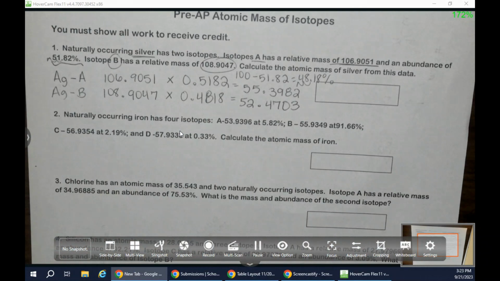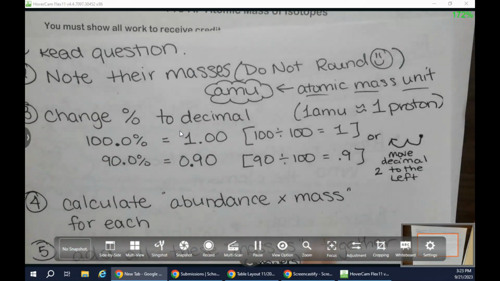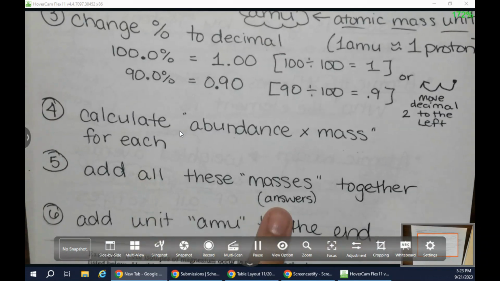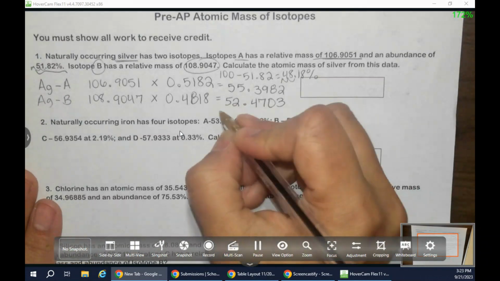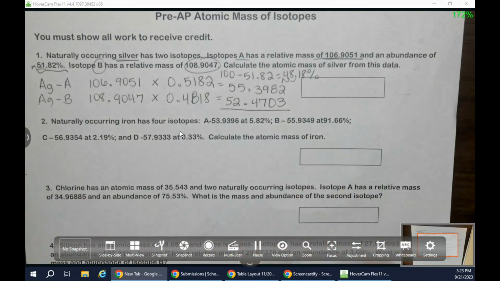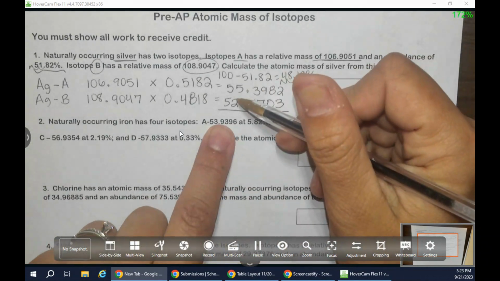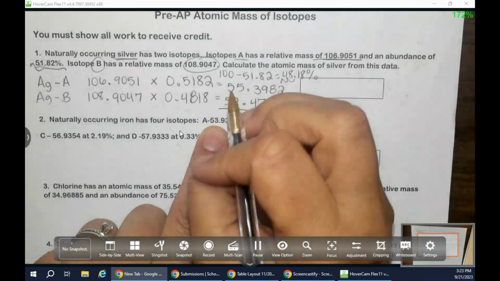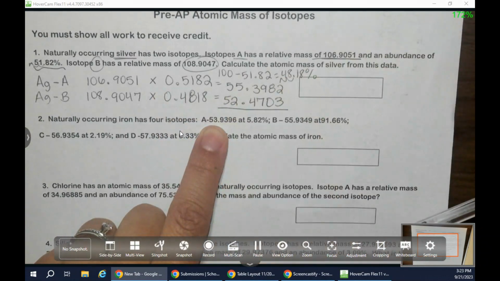The last step, according to the things that I just had up here: we calculated abundance times mass, then add those numbers together, add together all the answers. So we're going to take those two answers and add those two together. Okay, it looks like a lot of steps, I know. Just roll with it. You'll have the steps in front of you, so just do that.